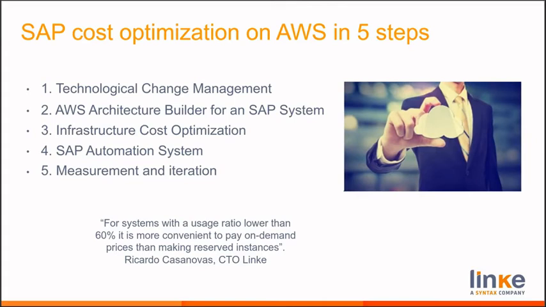So what we are proposing is a five-step methodology based on our experience to optimize those costs. The first one is to facilitate the cloud adoption with a common project from a team and human perspective, involving your technicians with the help of an AWS solution architect. The second one is mainly around building the right architecture.